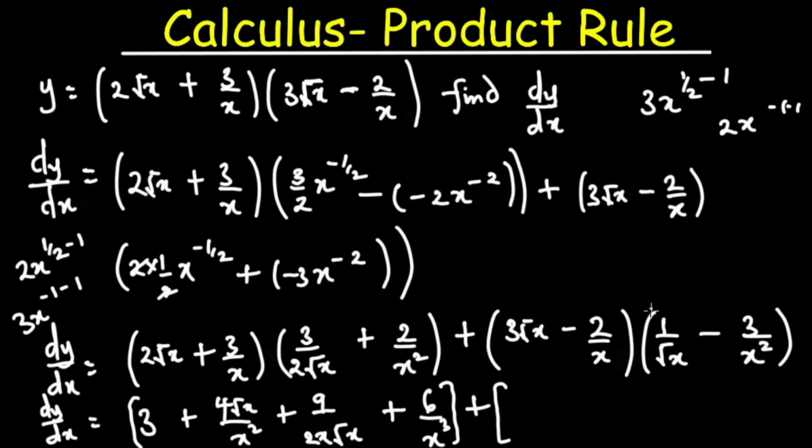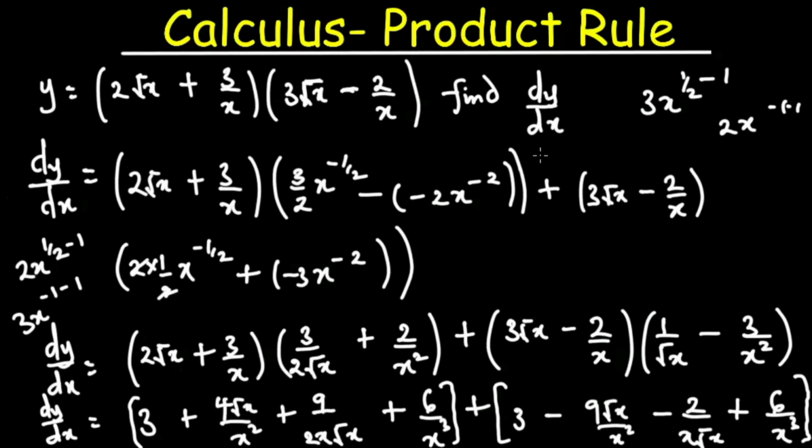So 3 root x by 1 over root x, that will also be 3. Then 3 root x multiplied by minus 3 over x squared, that will be minus 9 root x over x squared. Then minus 2 over x root x, plus minus 2 over x multiplied by minus 3 over x squared, that will be plus 6 over x cubed. Now we can collect like terms and get our final answer.